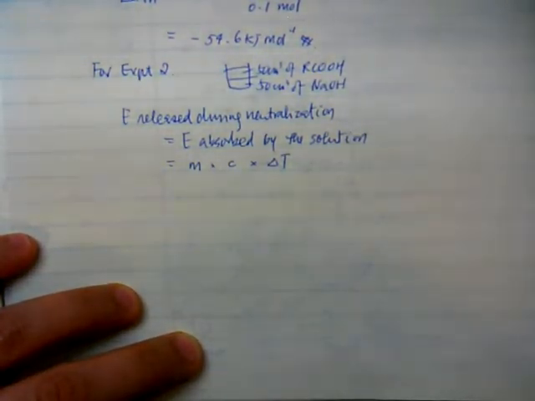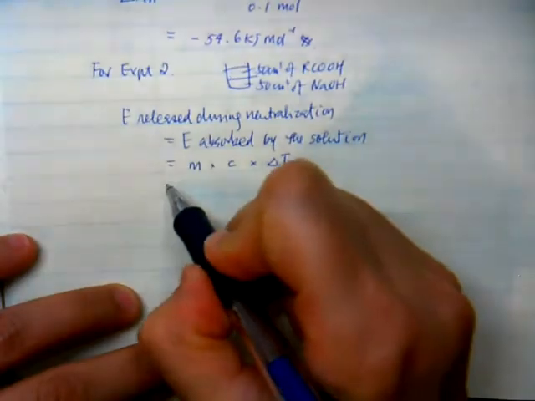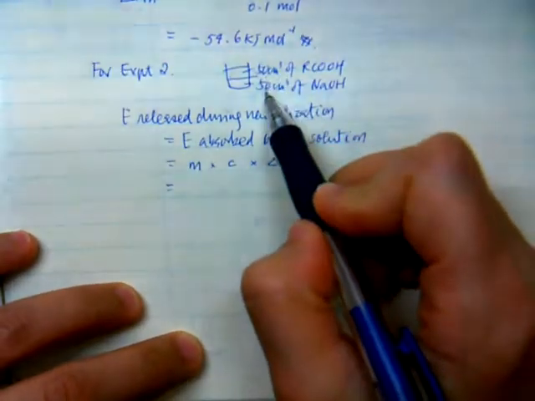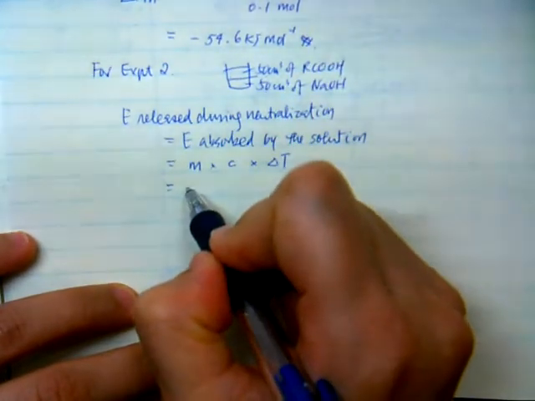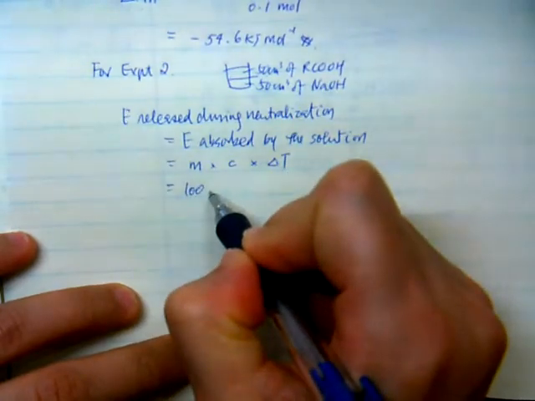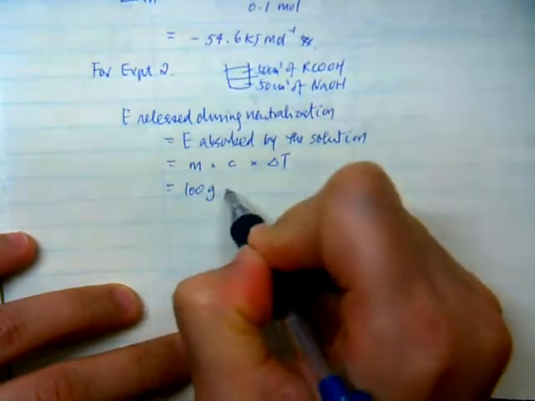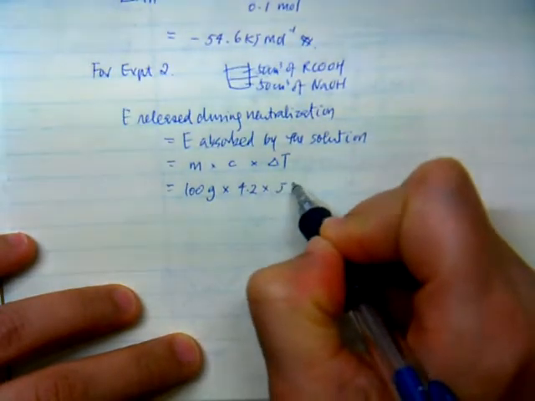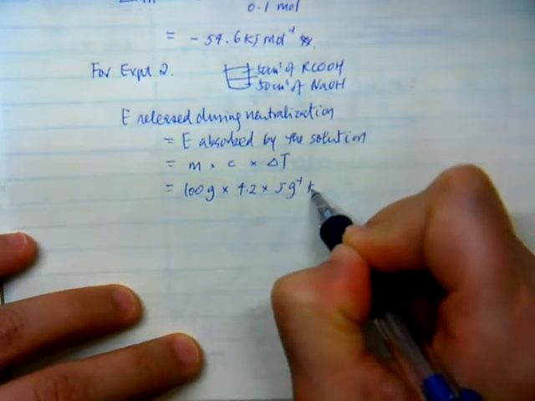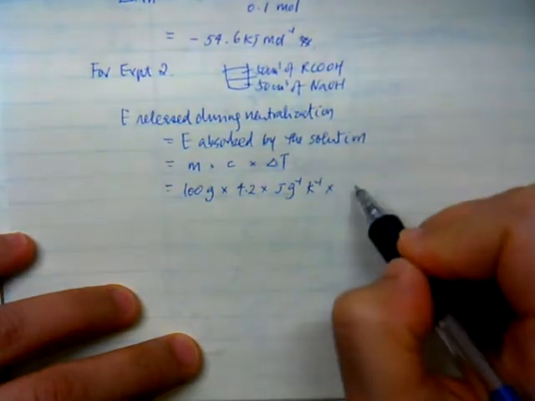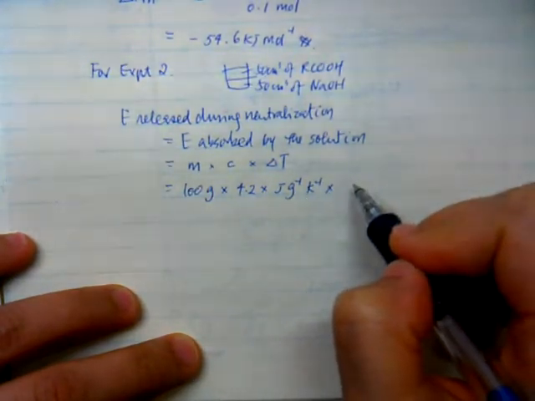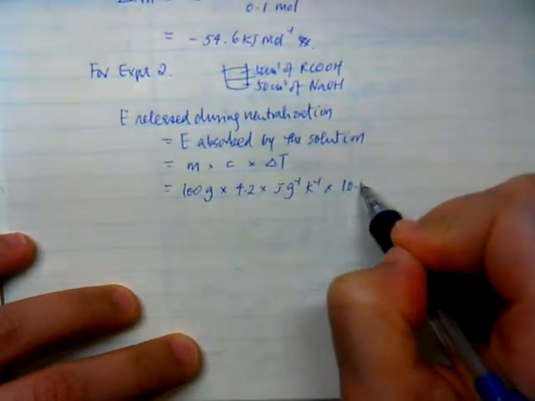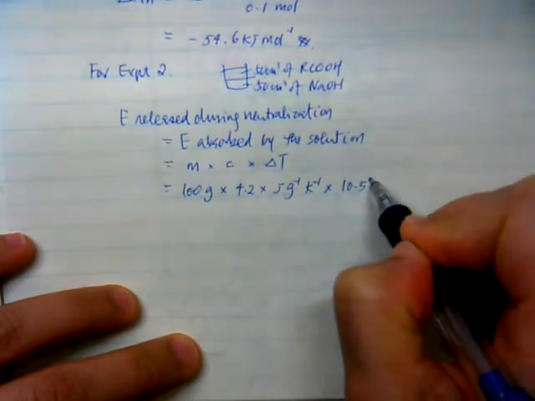So what is the mass of solution? Which is 50 cm³ plus 50 cm³, that means 100 cm³. Using density, it is 100 gram, times 4.2 joule per gram per Kelvin, times ΔT. ΔT in this situation is 10.5 Kelvin.